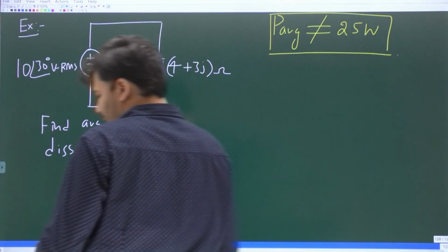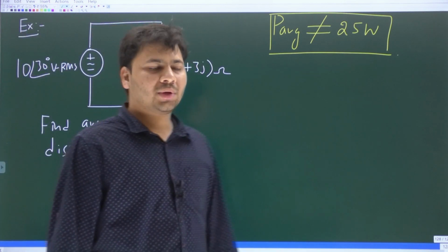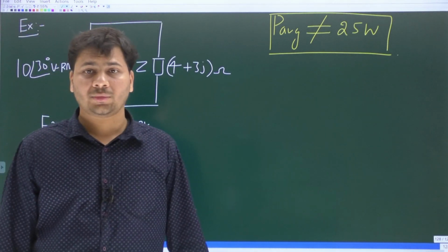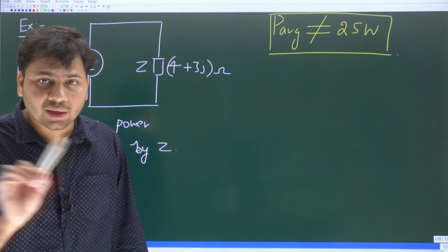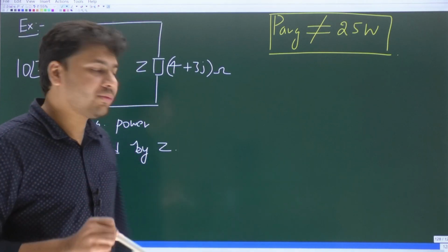So the average power absorbed by this impedance is not 25 watts. Because see, the impedance is not just the resistance alone. It is 4 plus 3j.